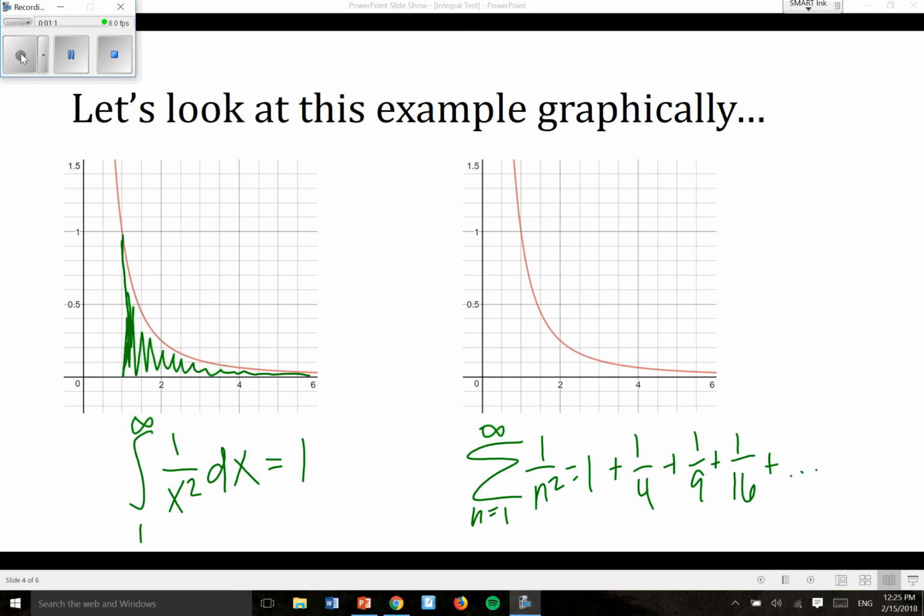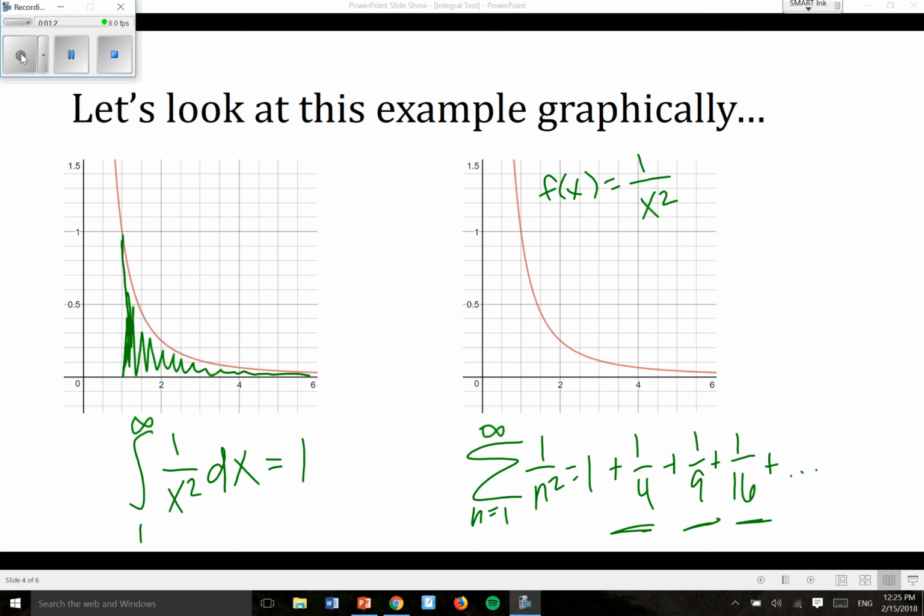I still have here a graph of f of x of 1 over x squared. But my goal now is to find these numbers in my series within this function.